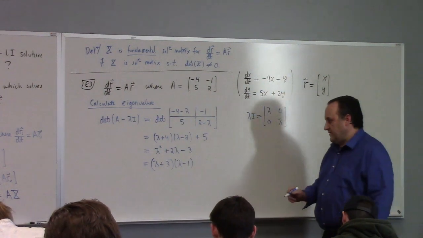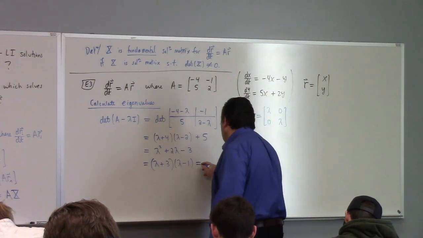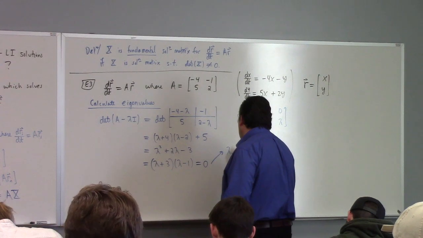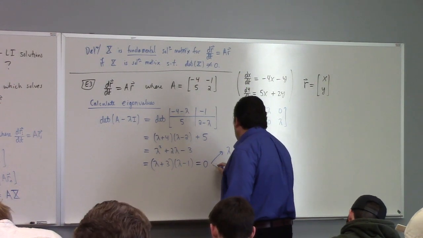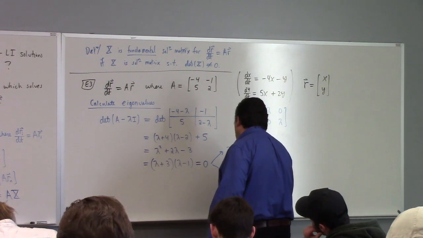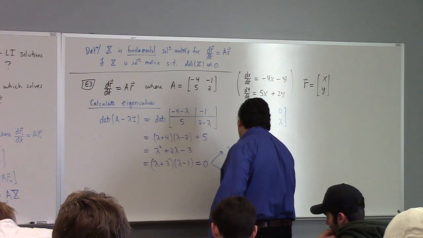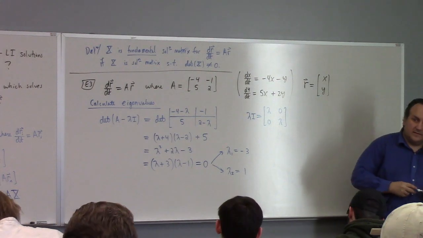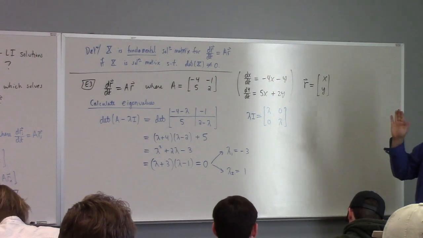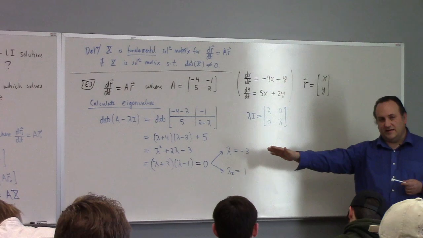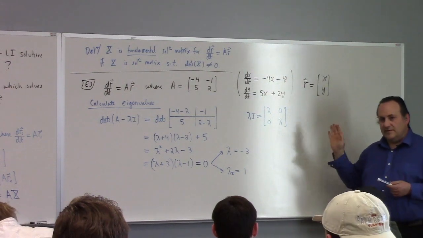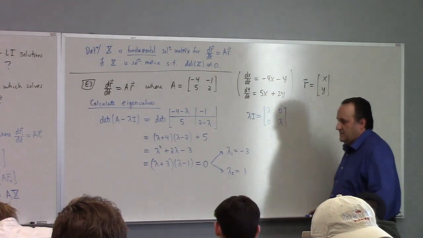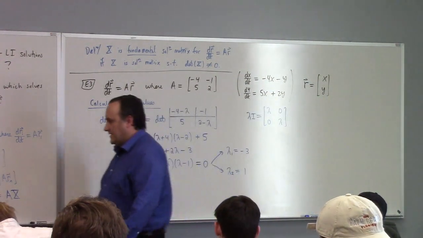So I put that equal to 0. That's the characteristic equation. I get eigenvalue 1 equals minus 3, and eigenvalue 2 equals 1. It doesn't really matter which one you label 1 and which one you label 2. I just made a choice. A lot of software will enumerate them from largest magnitude negative to largest magnitude positive. That's a pretty standard convention, but I do not dogmatically stick to that.